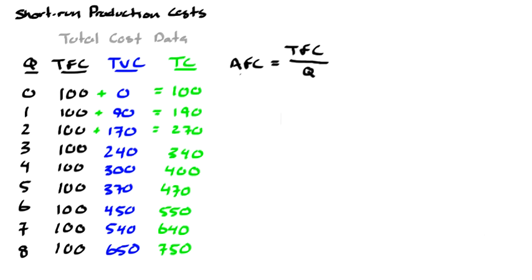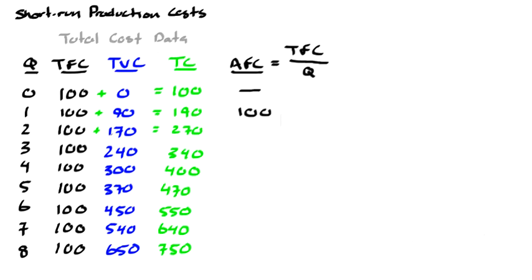So if we were to calculate this now, we'd find that total fixed cost of 100 divided by 0 if we produce 0 chairs doesn't give us a number, so we don't have an average fixed cost for no chairs. If we produce one chair, our total fixed cost is 100, and so our average fixed cost is $100.